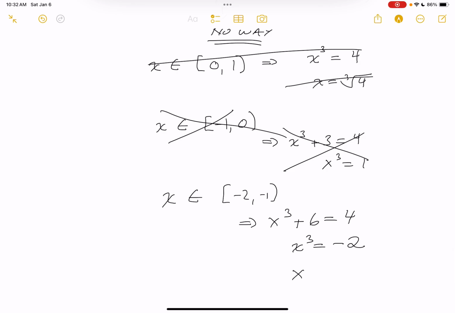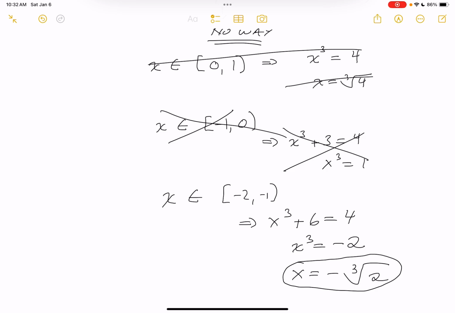So x would equal minus the cube root of 2. And I got to think about that. Well, you know what? That's going to be -1 point something, right? So it's definitely on that interval. So this is a success story.